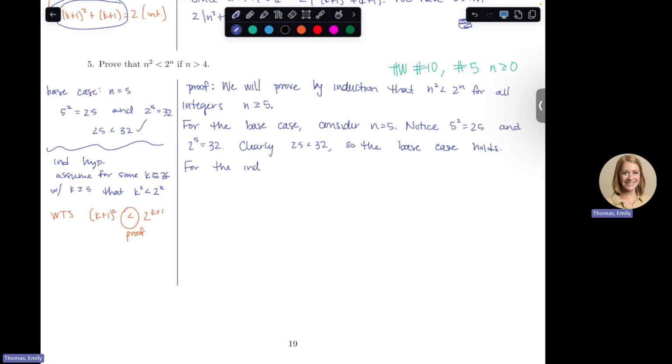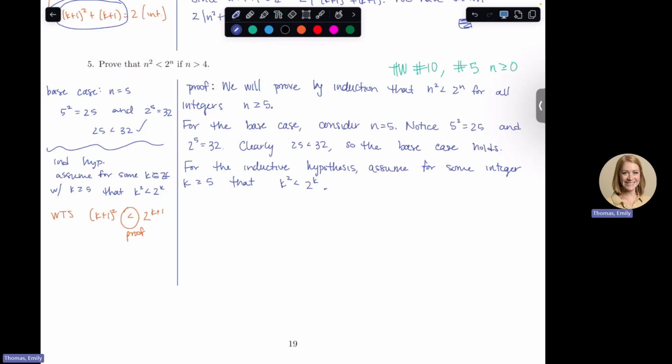For the inductive hypothesis, assume for some integer k greater than or equal to 5 that k squared is less than 2 to the k. Good?